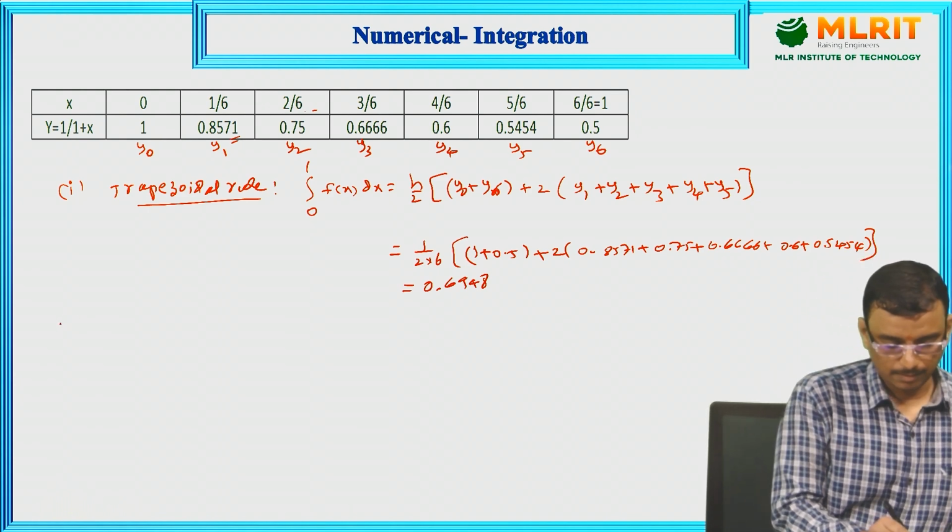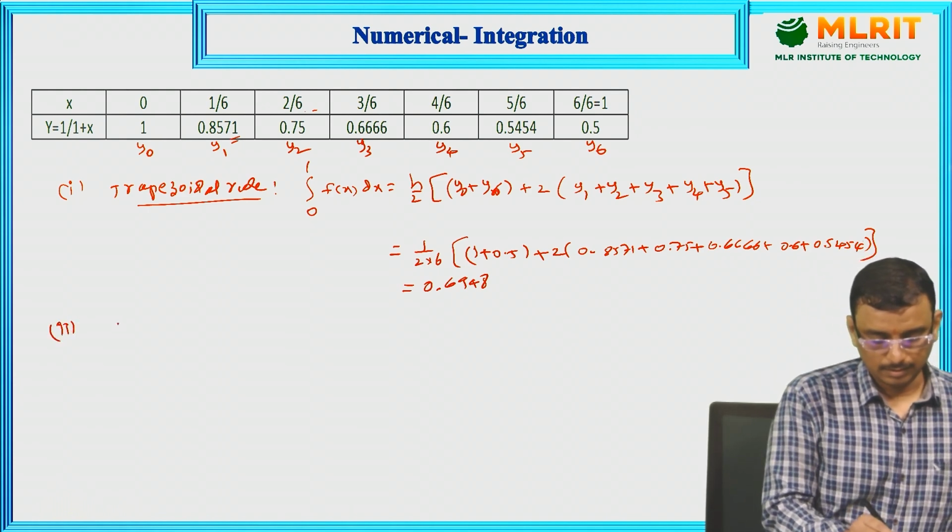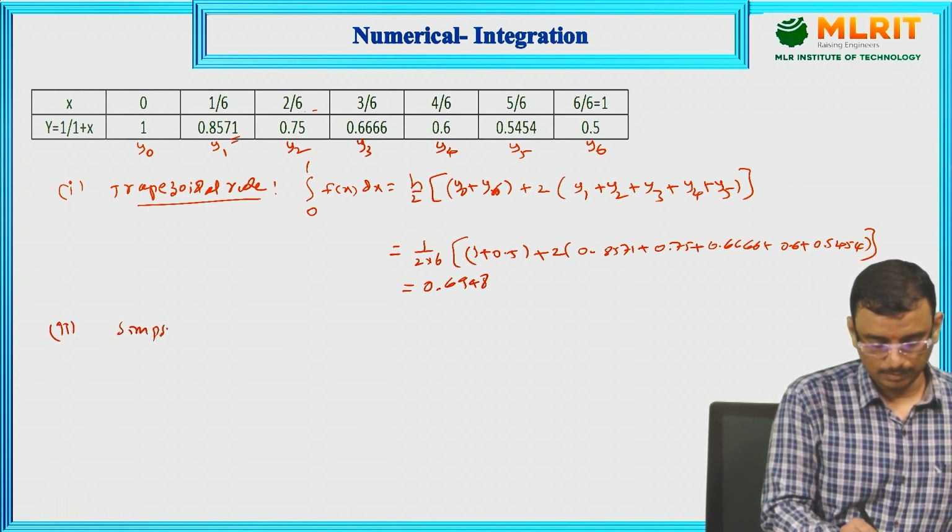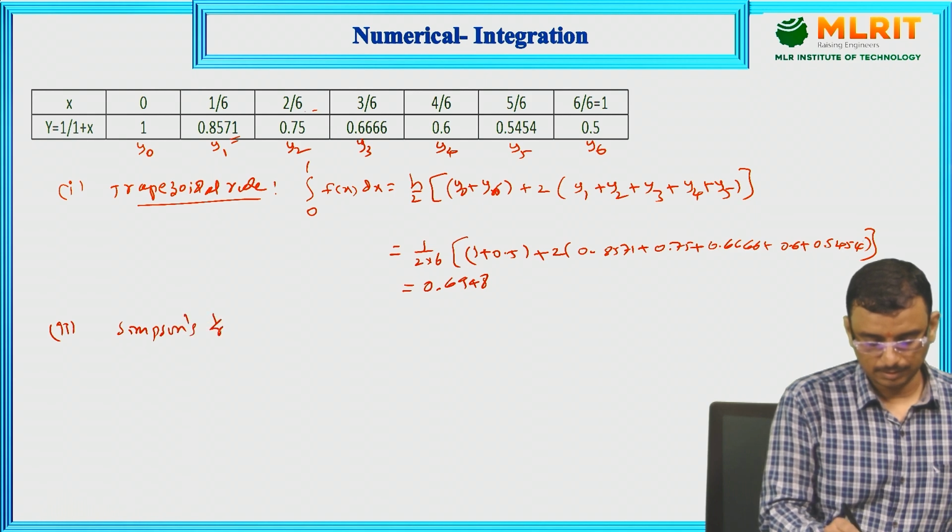Now we'll see the second one, Simpson's 1 by 3 rule.